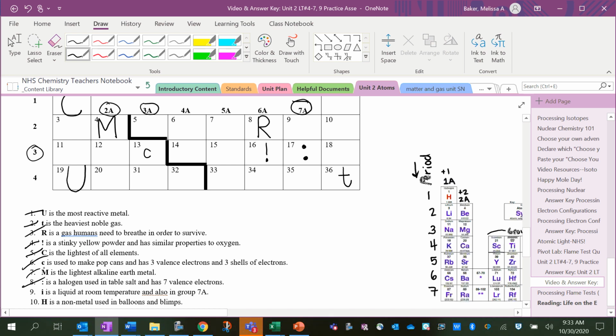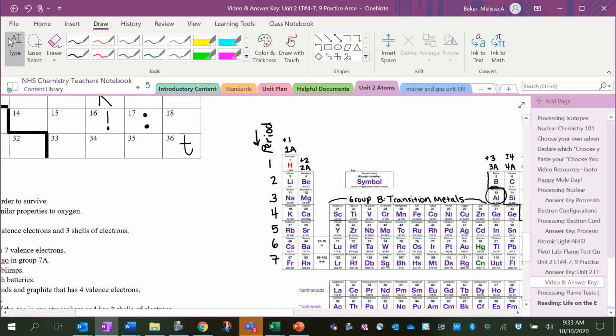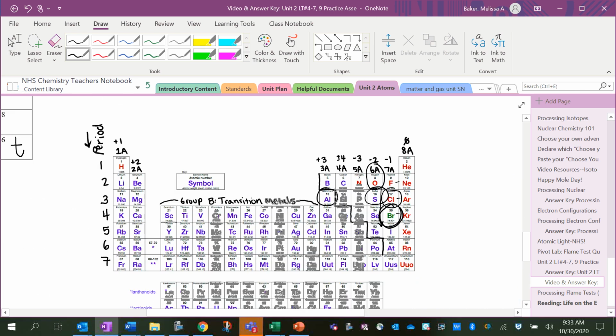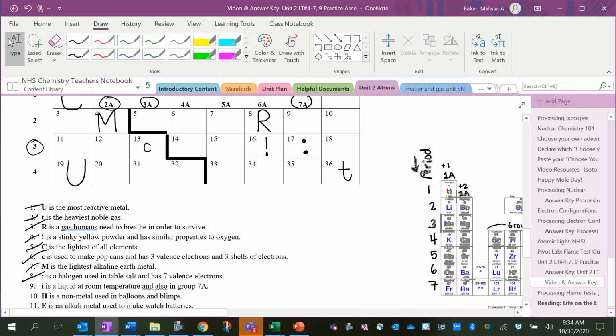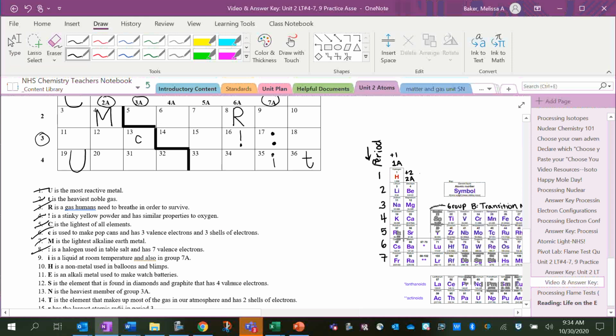Lowercase I is a liquid at room temperature, and it's in group 7A. Let's use the periodic table. There's not very many liquids. Bromine is one of them, and the other is mercury, and then element 114. But there's only one that's in group 7A, and that's bromine. So lowercase I will go in bromine's spot.